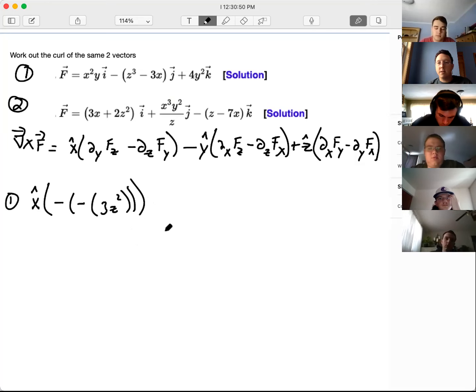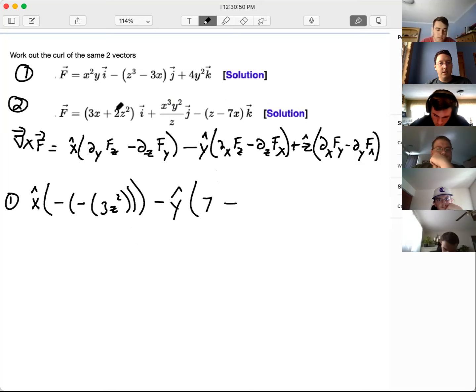So plus 3z squared for this bit. Minus y hat, and I get partial x on the z component. That's going to give me plus 7, minus partial z on the x component, which gives me 4z, plus z hat times the partial x on the y component, wherever that is.